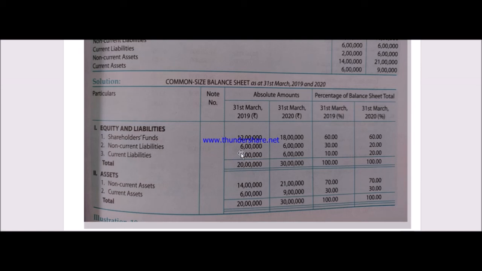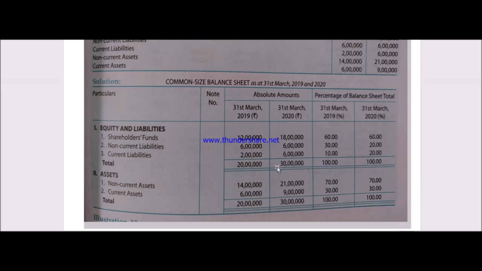Now, current liabilities, the same way, 2 lakh divided by 20 lakh into 100 is equal to 10%. Okay, so this is the way. In the same way, we will do this side as well for 2020.